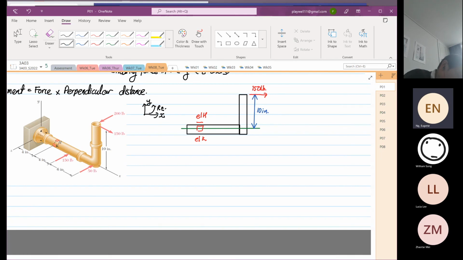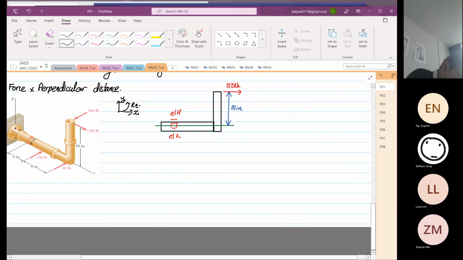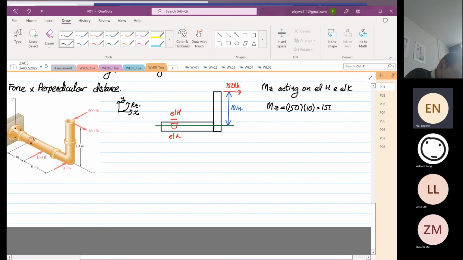So the moment about the z-axis acting on element H and element K, so Mz is equal to 150 multiplied by 10. So this is 1,500 pound-inches each.